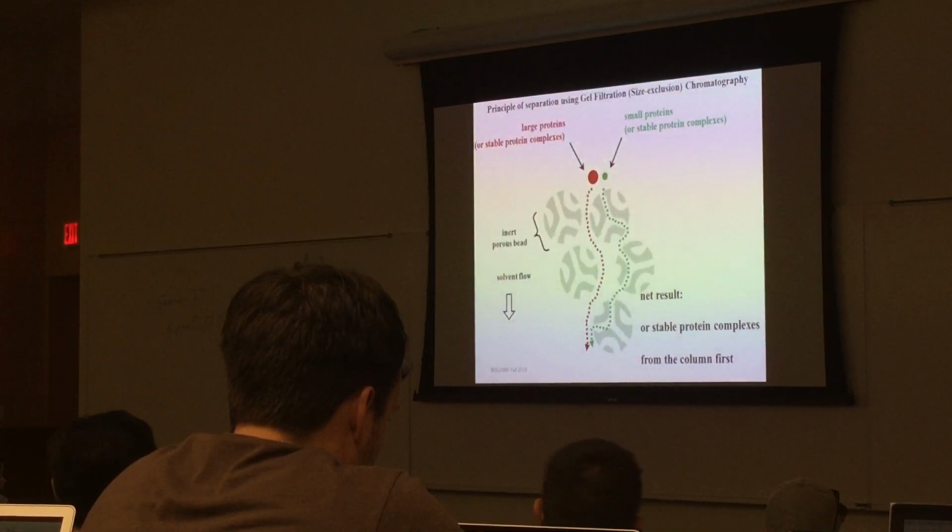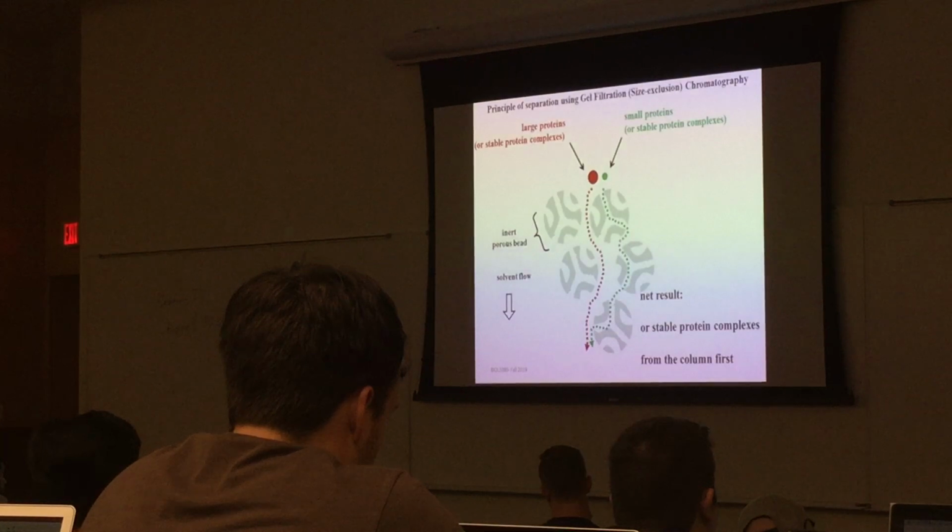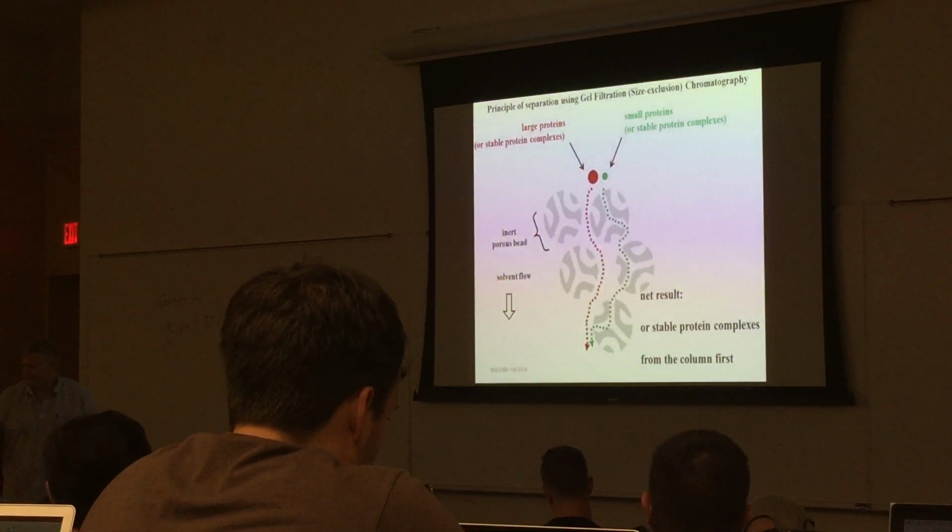So stable protein complex, primary structure, that's amino acid sequence. Secondary structure, what is that? What are examples of secondary structure? Beta sheets and alpha helices. Those are secondary structures. Tertiary structure, what's tertiary structure? How they're folded, okay? And quaternary structure.